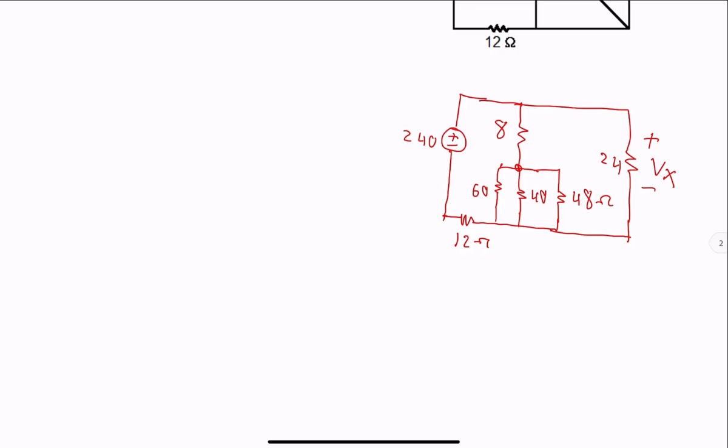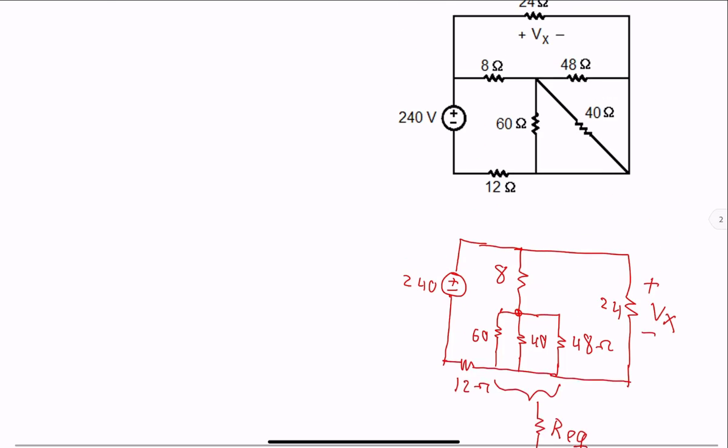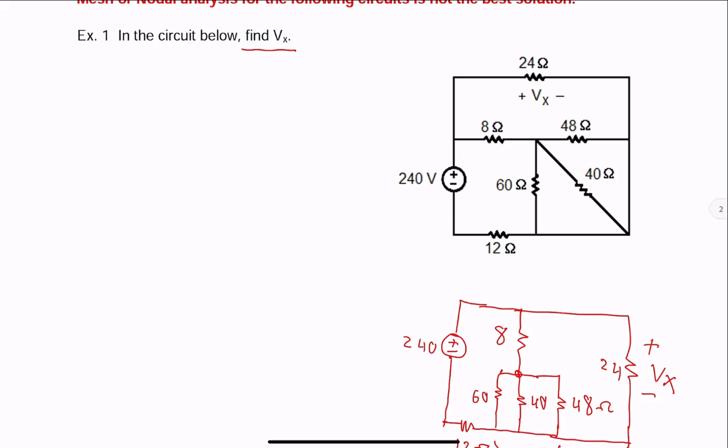So to simplify, let us combine these 3 resistors into, let's call it R equivalent. Connecting 3 resistors in parallel, 1 over Req is equal to 1 over 60 plus 1 over 40 plus 1 over 48.